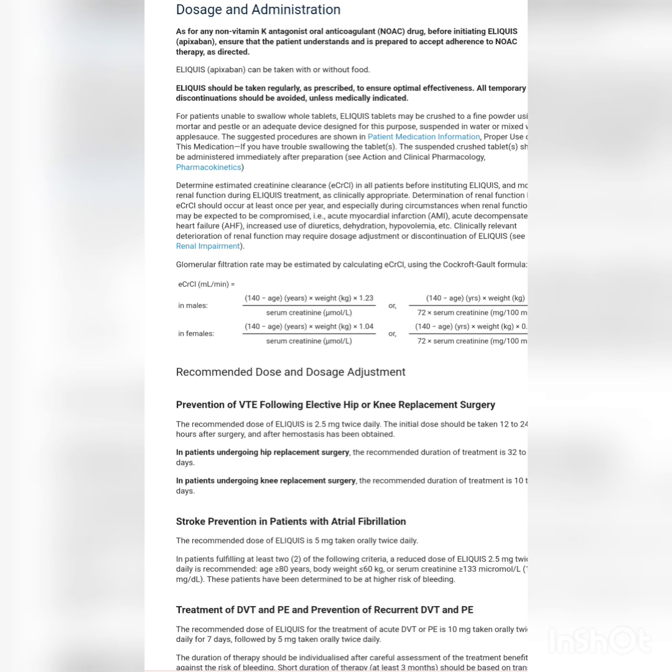In this case for Eliquis, there is some sort of renal impairment in the patient. If there is some sort of renal impairment for the patient, you do need to do some dose adjustment, which is why we have the equation for CrCl calculation over here. So that straight away tells you that you have to ask the doctor or the patient if they have any renal compromise. Difference in dosages for different indications will be written in this section.